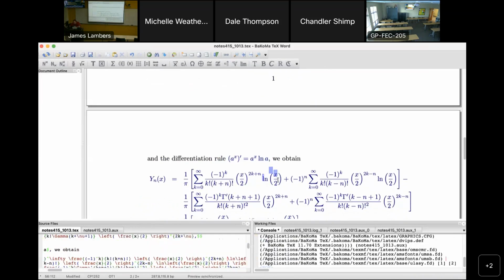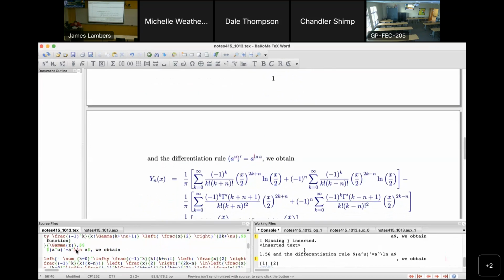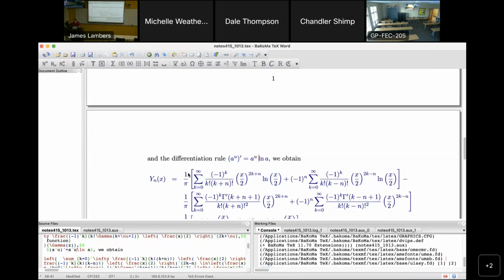That's where this log appears. So here I have x over 2 playing a role. Well, I'm going to use a different letter to avoid ambiguity. So in this case, x over 2 is playing the role of my base, a.